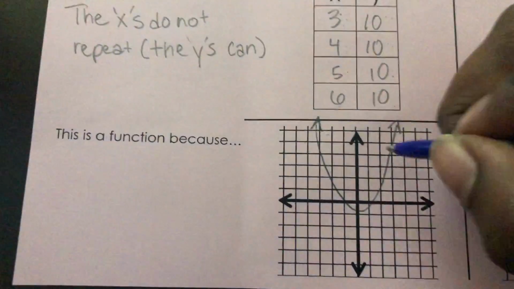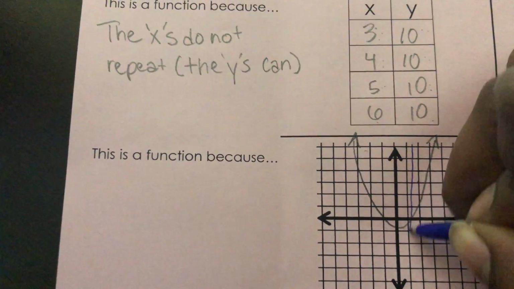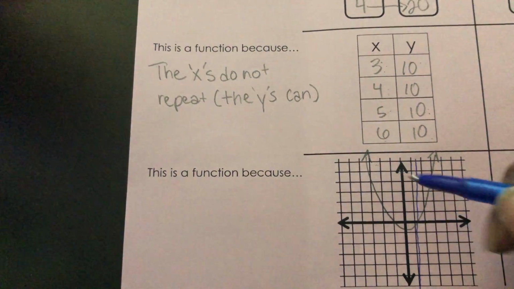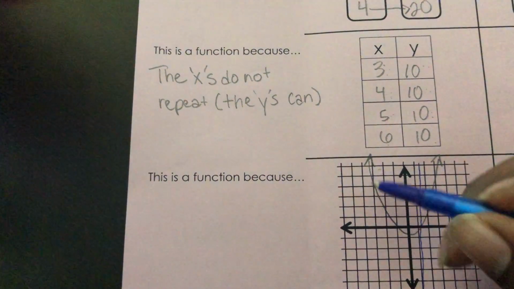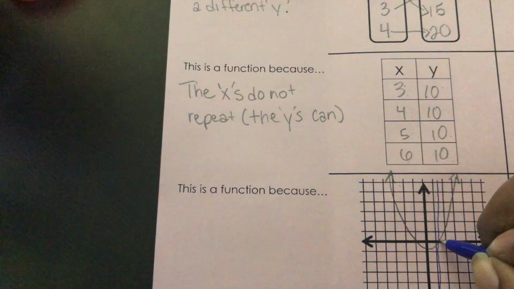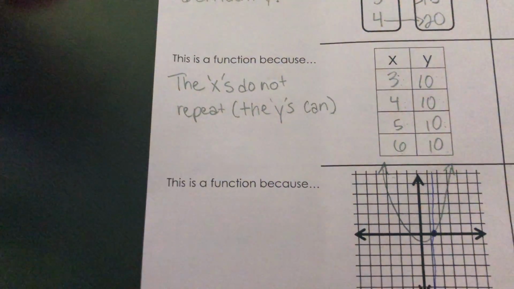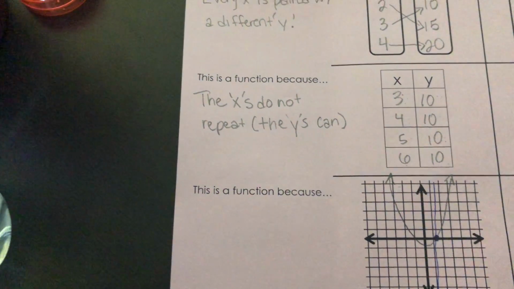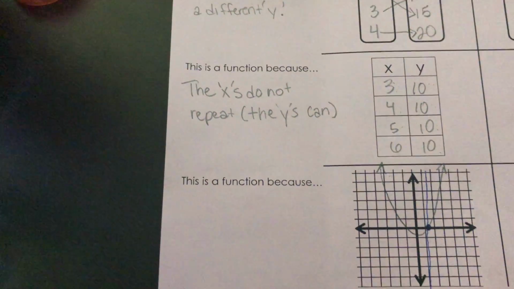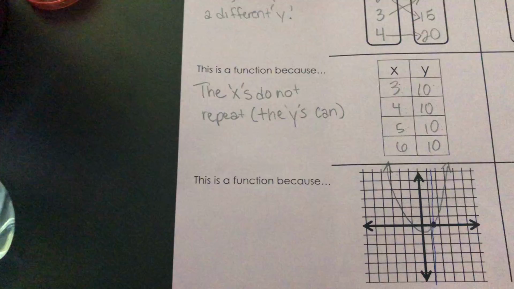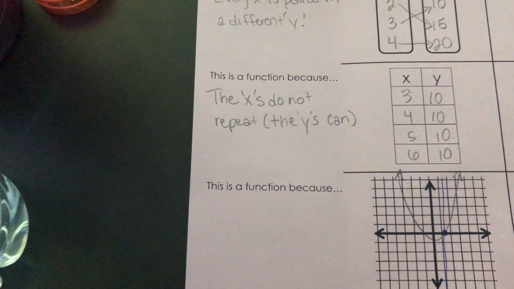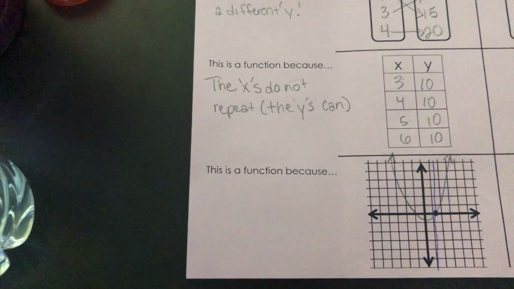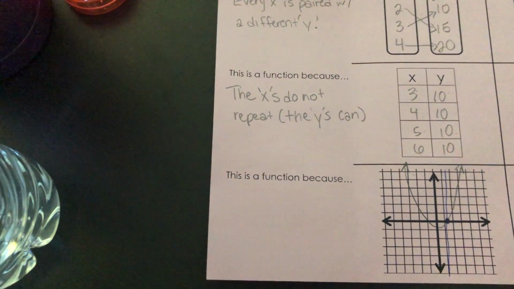So if I take this blue pen and do the vertical line test, how many times did my blue line pass through this picture? Only one time, and it's right here.